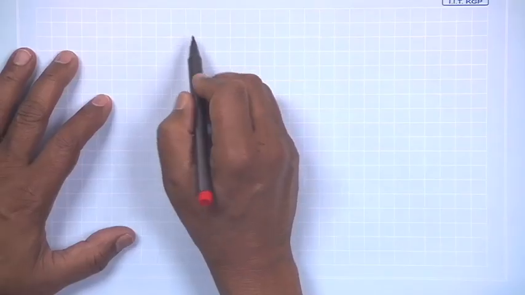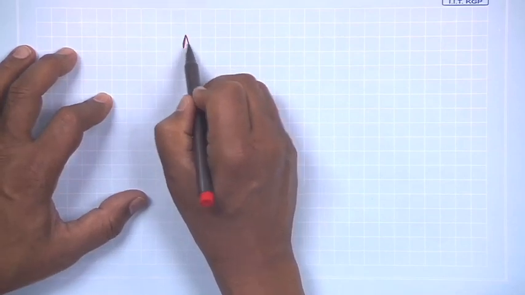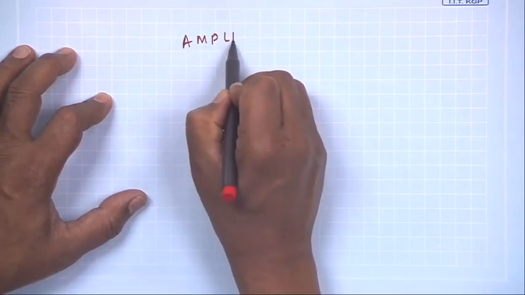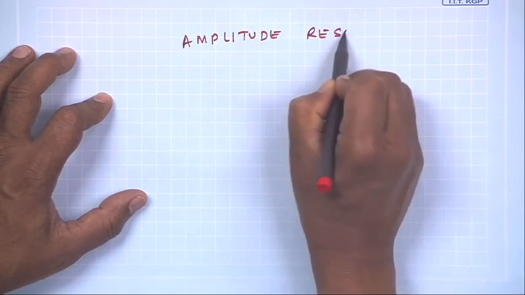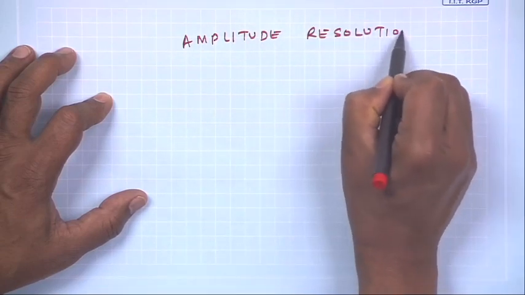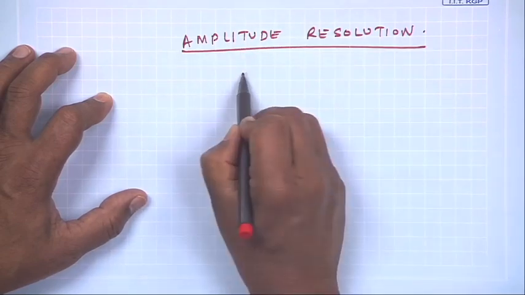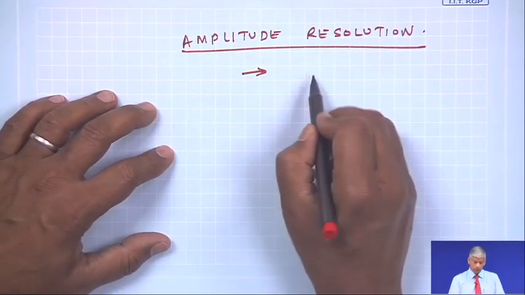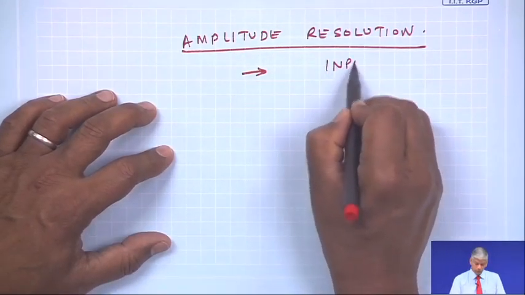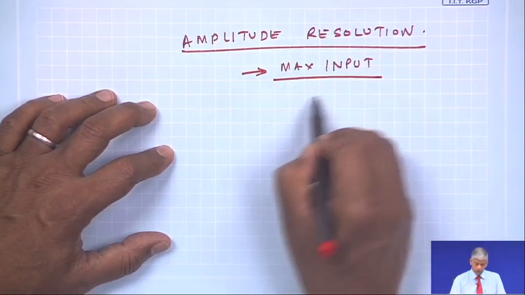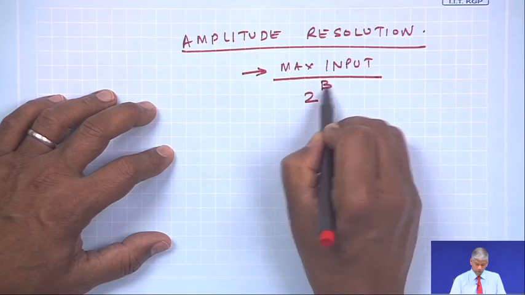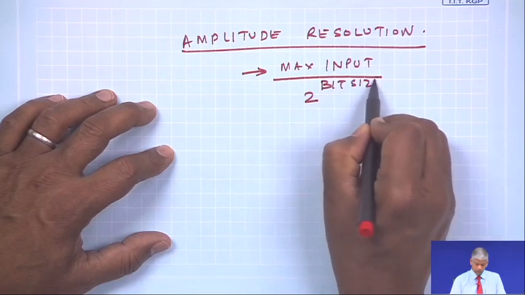So, a couple of takeaways from this numerical example. One is, how could I have made the amplitude resolution small enough so that it was able to sense? If you see, this is the maximum input divided by 2 to the power the bit size.